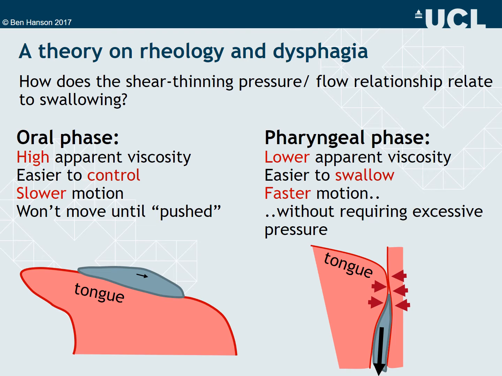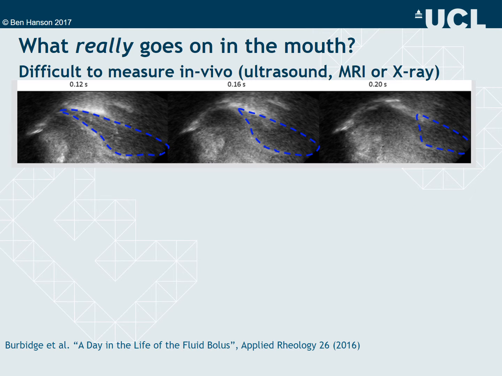Now this is just a theory, and we're mapping this to measurements that have been taken on the rheometer in the lab. What actually goes on in the mouth is quite hard to visualize. Here we've got some data from a paper in Applied Rheology about trying to measure the bolus using ultrasound. It's very difficult, it's very grainy, there's very little contrast between a bolus and the tongue.